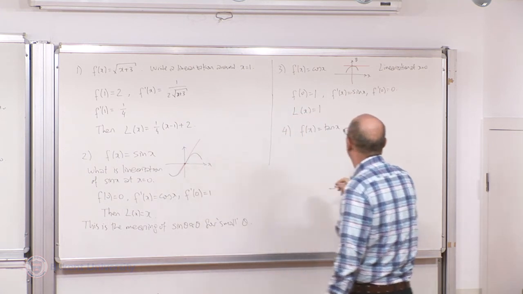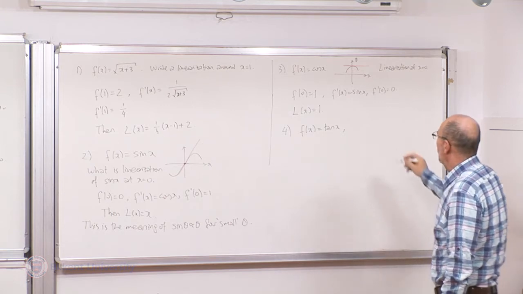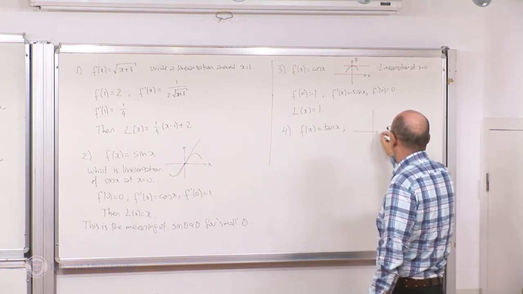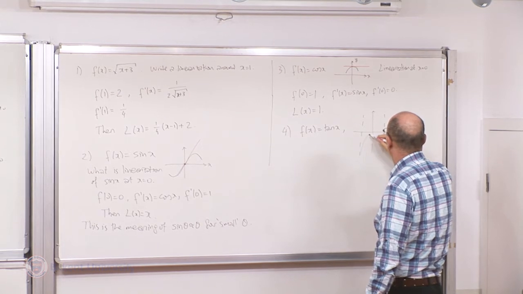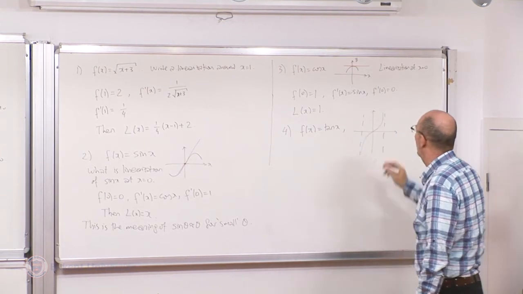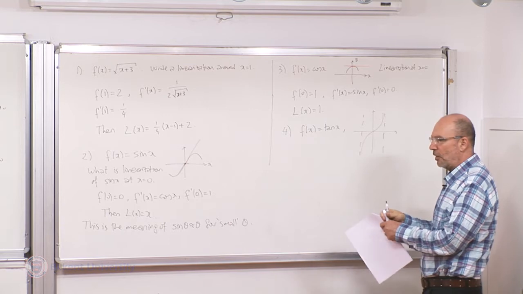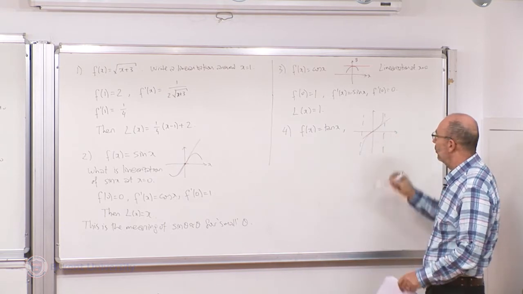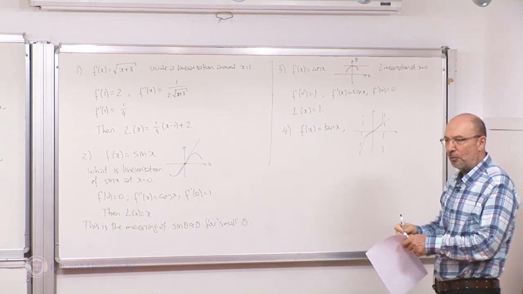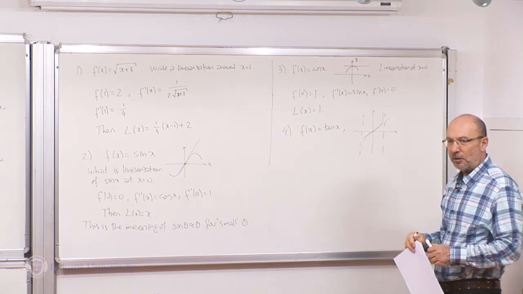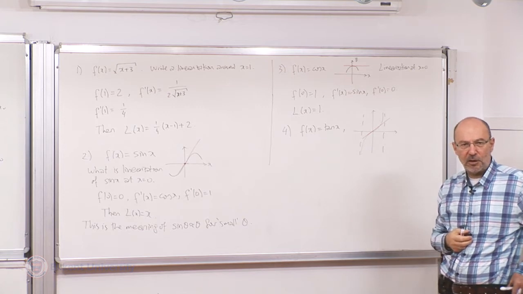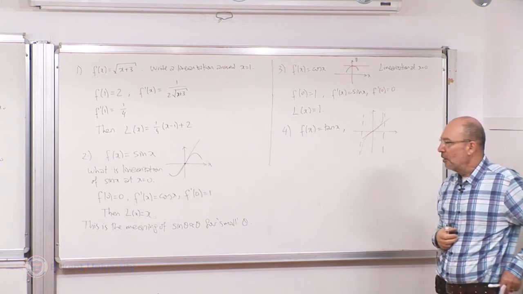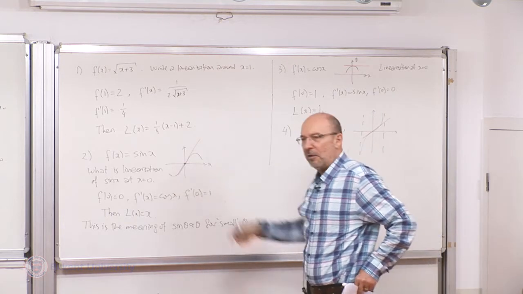Tangent x, again, first we develop a feeling for this. So the graph of tangent x is something like this. Here you see that, again, you expect a straight line to be tangent. That's going to be the slope of the tangent at that point. We know that the derivative of tangent is secant squared. At 0, it is 1. So it will behave like this one.